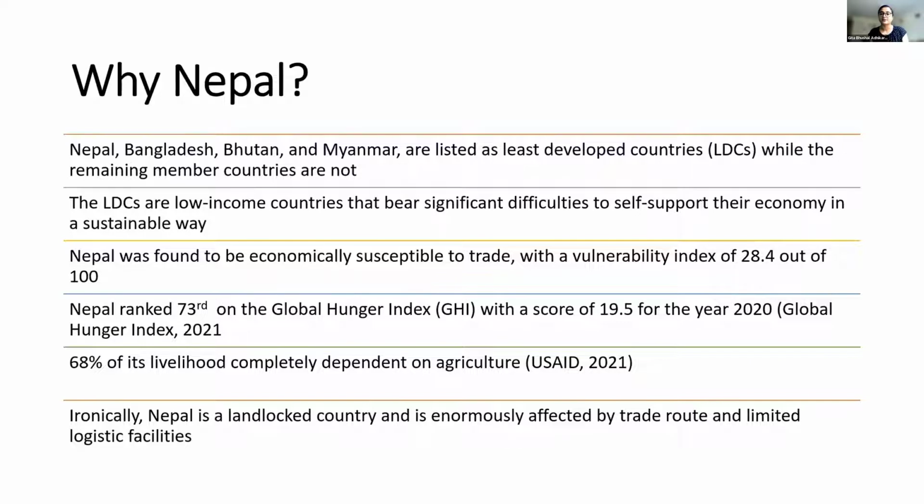So it's not a good scenario for Nepal. And as already mentioned, its livelihood is completely dependent on agriculture. Ironically, it is a landlocked country and it is enormously affected by trade routes and limited logistic facilities in itself.